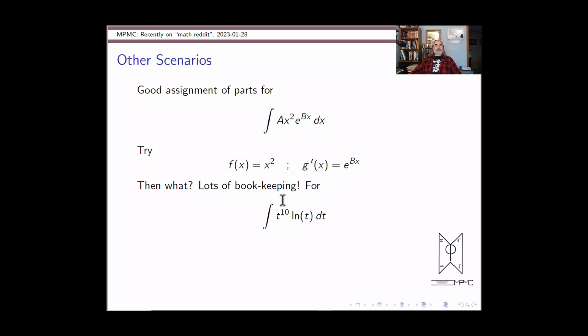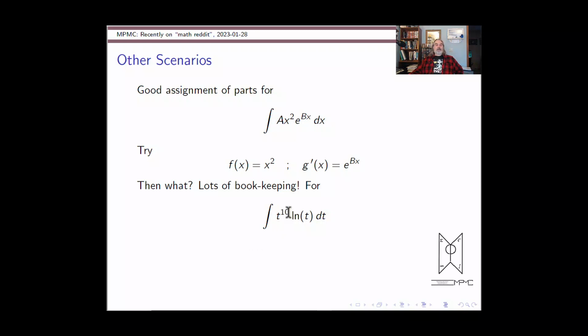Okay, the integral of t to the 10th, natural log of t, just to change the variable to keep things interesting. In this case, well, t to the 10th, that's horrible. So surely we would want to replace the t to the 10th with its derivative, right? That would be the choice for f.